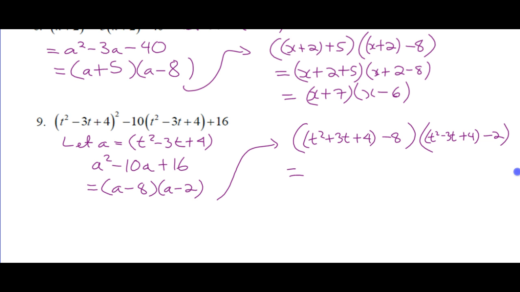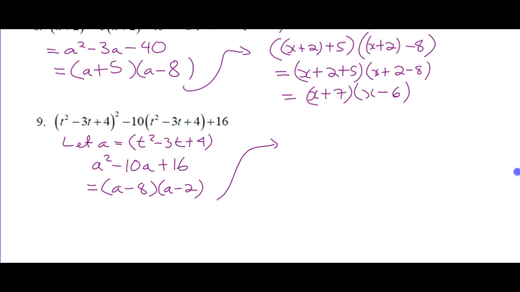Up here when I wrote this line, I really could have just taken this and gone, oh, that's x plus 7, and taken this and gone, oh, that's x minus 6. So this is t squared plus 3t, then what? Minus 4. And this is t squared plus 3t. Wait, sorry, it should be minus 3t.